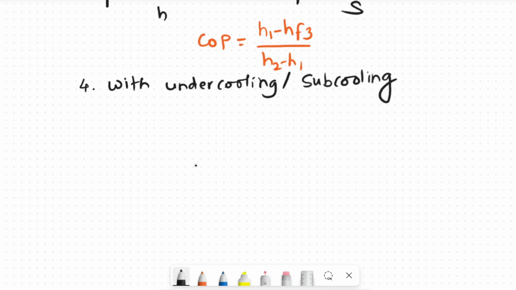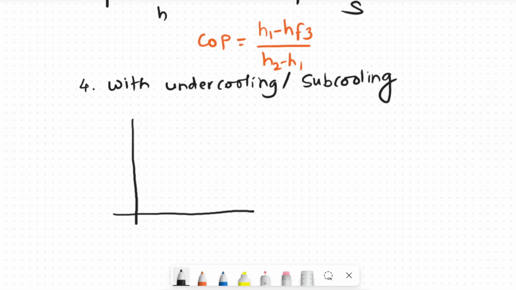During this cycle, the refrigerant which is leaving the condenser is cooled to a certain temperature. This cooling process reduces the temperature below the saturation temperature. That's why this is called subcooling or undercooling.